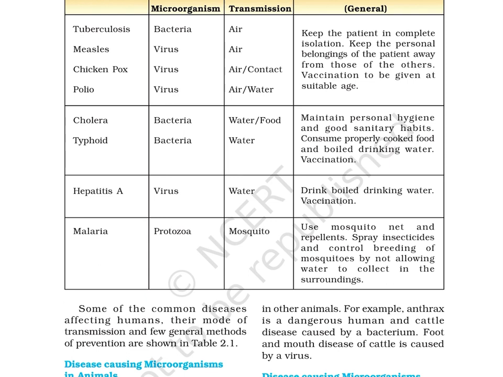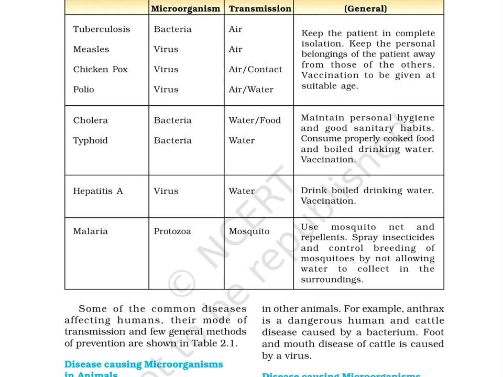Preventive measures general, drink boiled drinking water. Vaccination. Human disease, malaria, causative microorganism, protozoa. Mode of transmission, mosquito. Use mosquito net and repellents. Spray insecticides and control breeding of mosquitoes by not allowing water to collect in the surroundings.